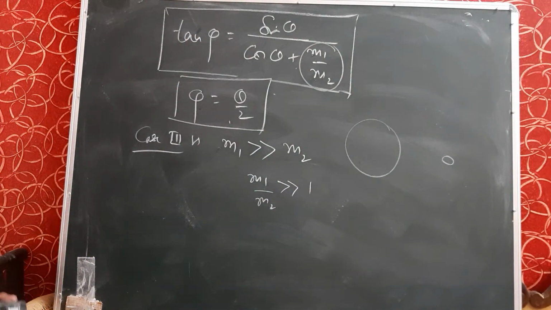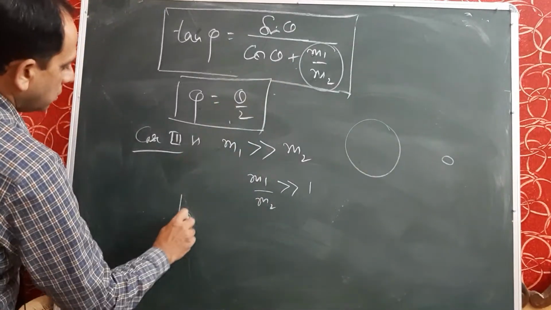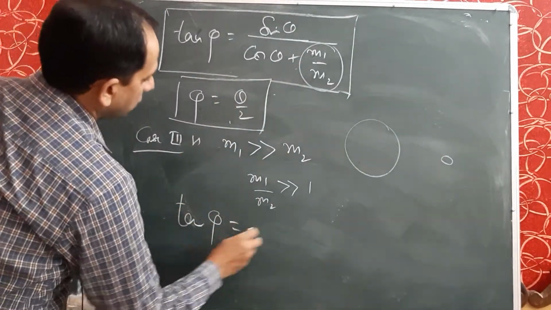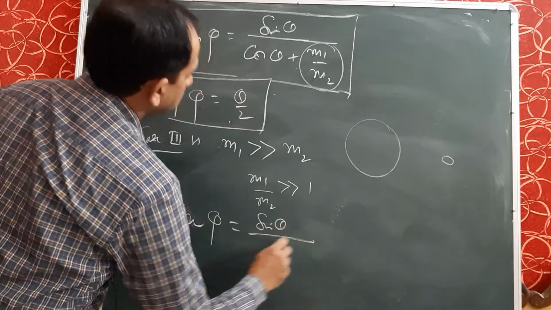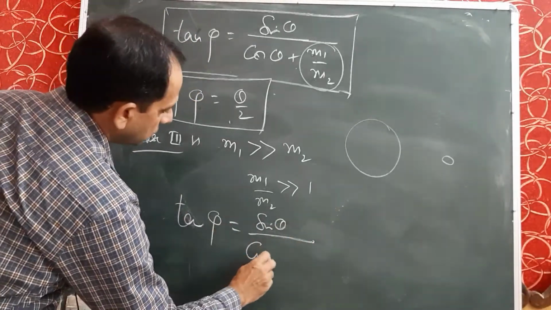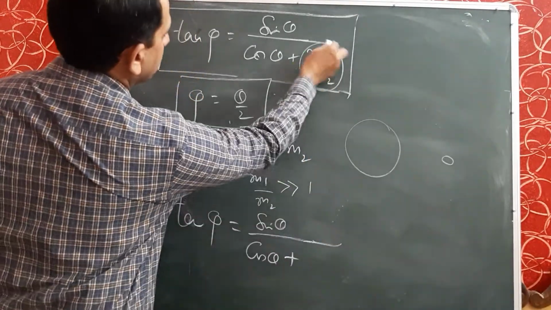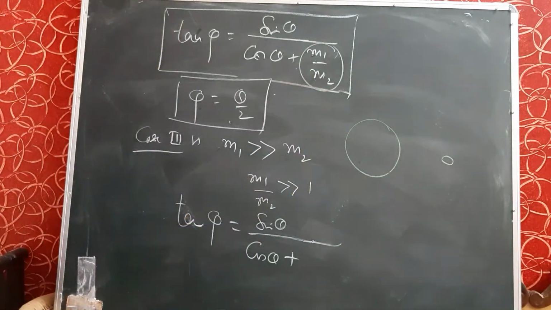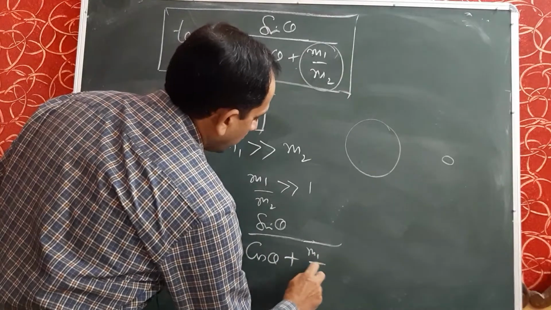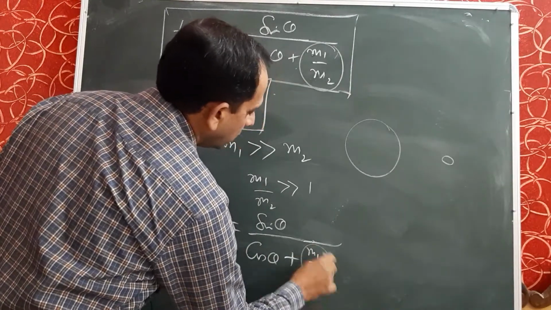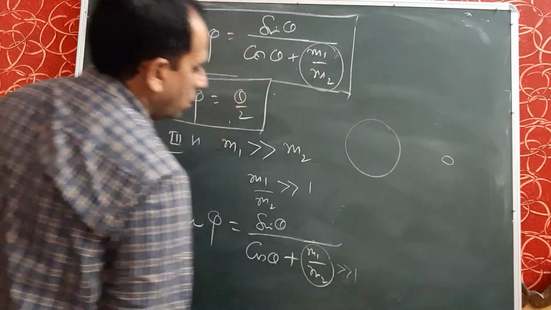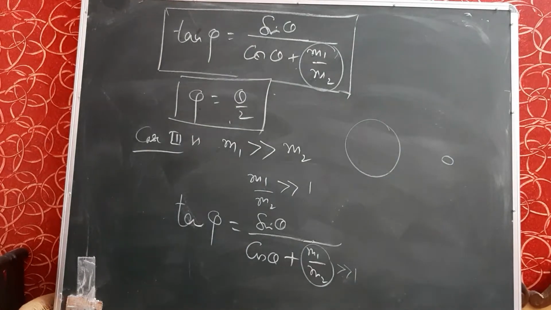We cannot ignore it, so tan phi remains as it is. There is no change, because the term is neither negligible nor diminished. It is m1 upon m2, very much greater than 1.